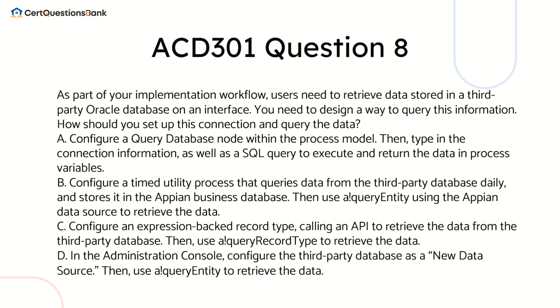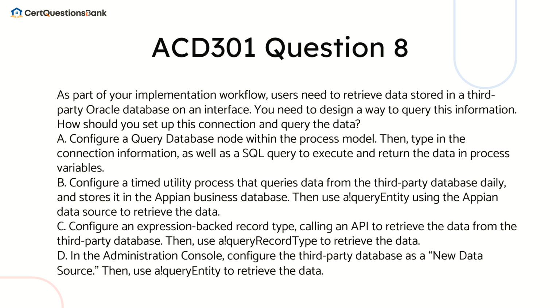B. Configure a timed utility process that queries data from the third-party database daily, and stores it in the Appian Business Database. Then use a query entity using the Appian data source to retrieve the data.